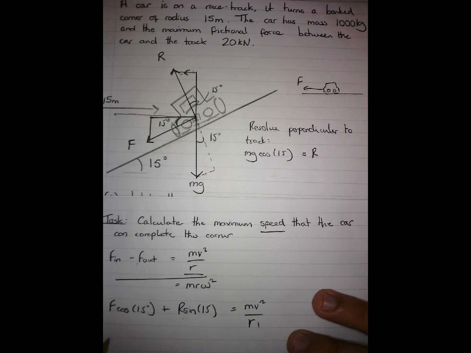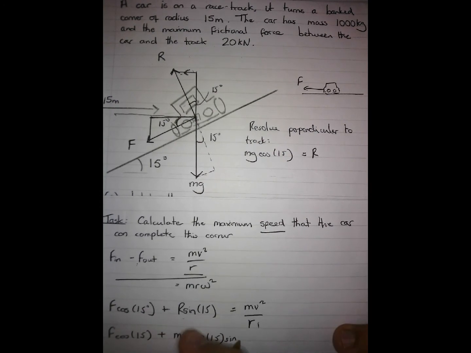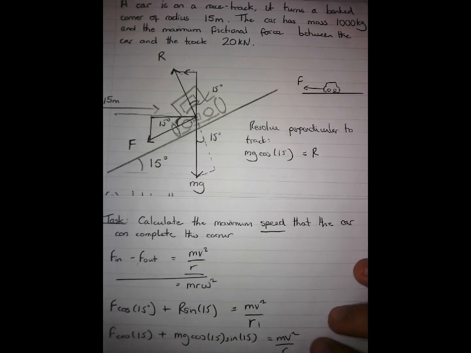So let's have a go. We've got F cos 15 degrees plus mg cosine 15 sine 15 equals mv squared over r. We're interested in v squared, so let's rearrange the formula for that.